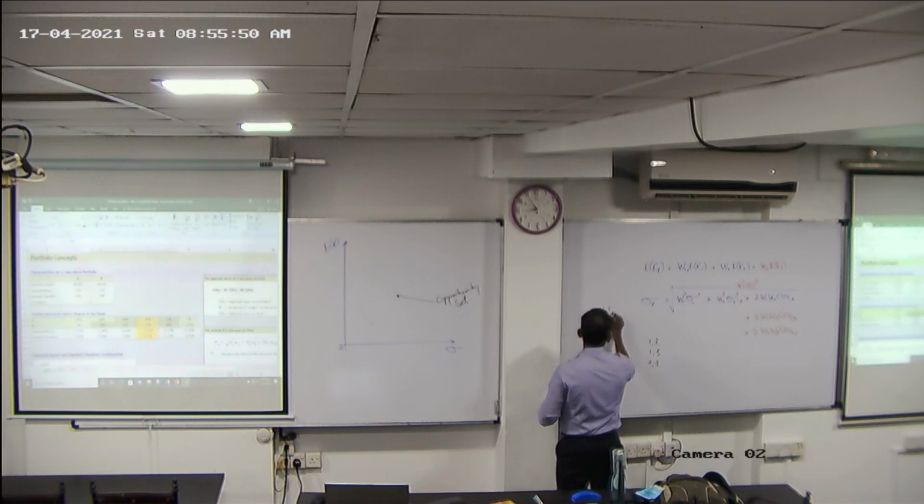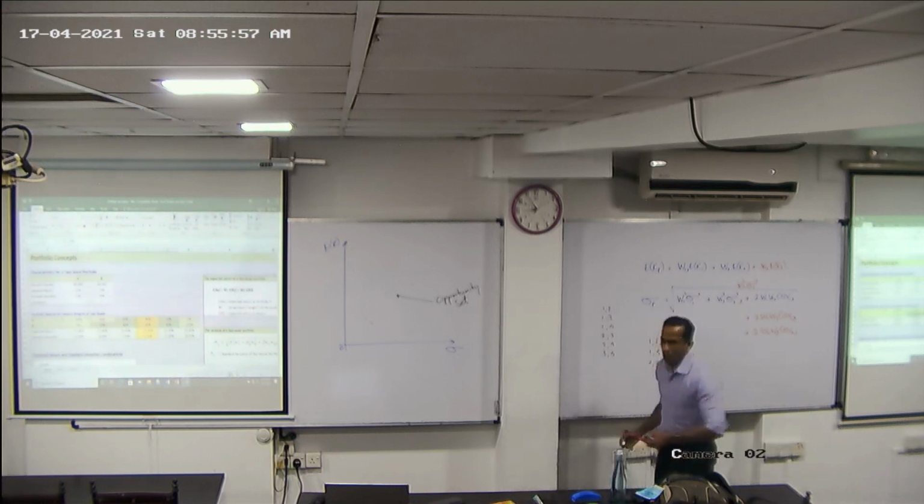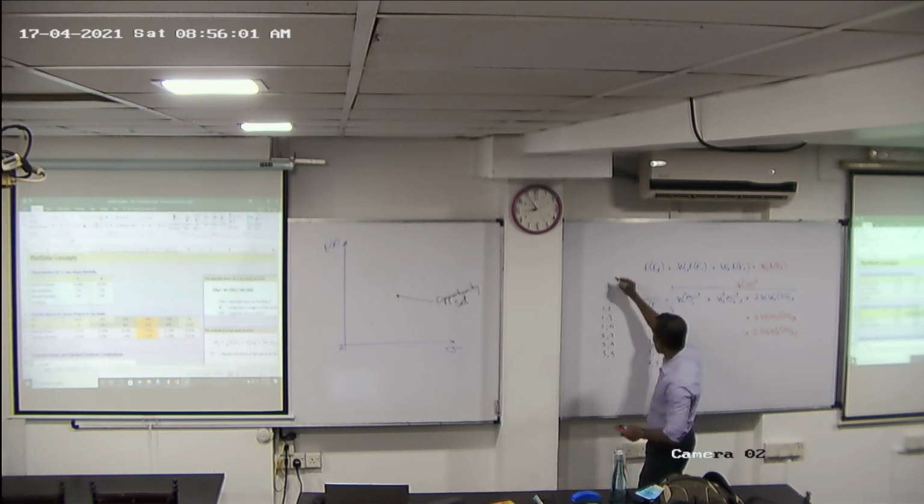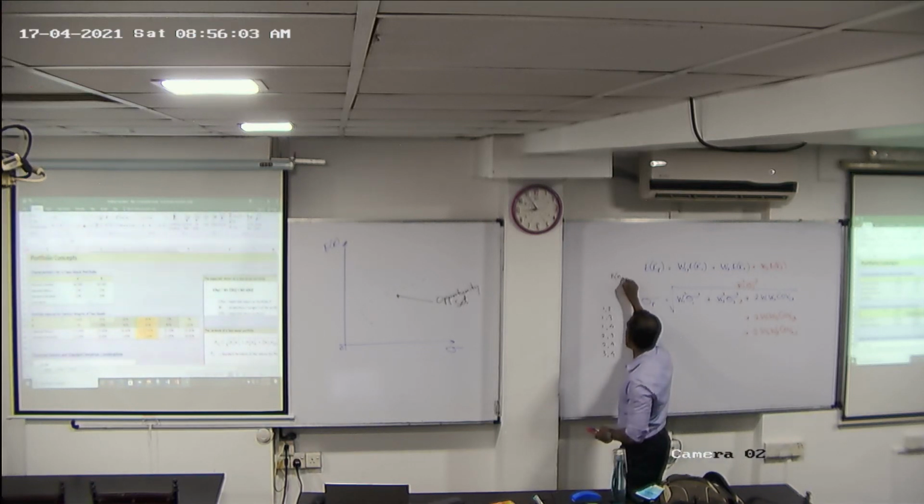1 and 2, 1 and 3, 1 and 4, 2 and 3, 2 and 4, 3 and 4: 6 correlation terms will be there. The number of correlation terms is n into n minus 1 divided by 2.